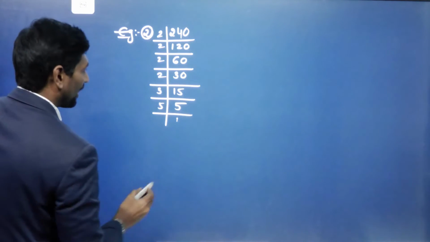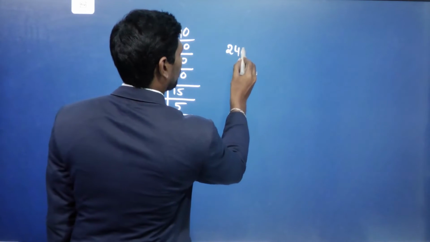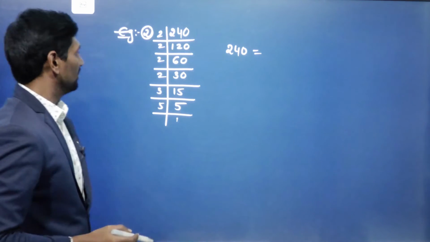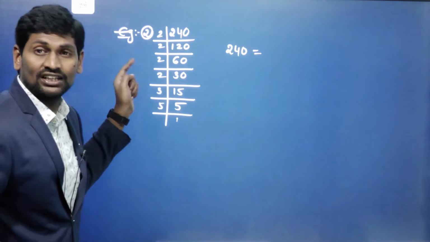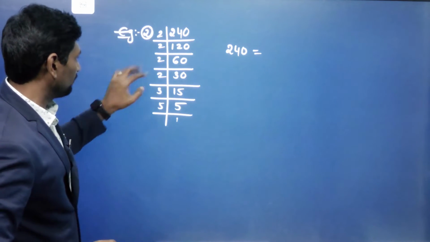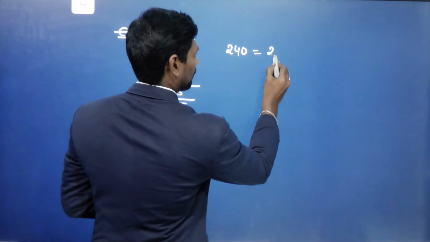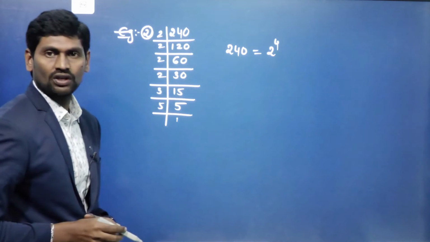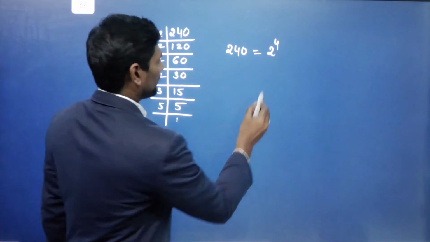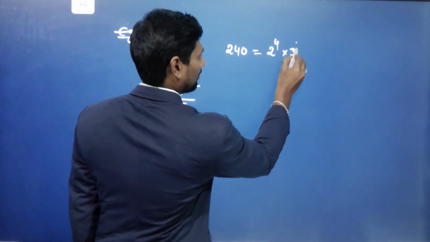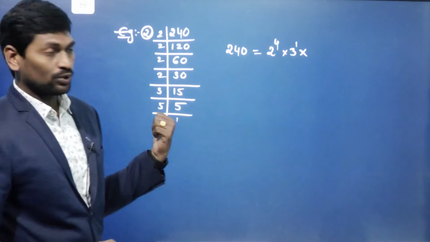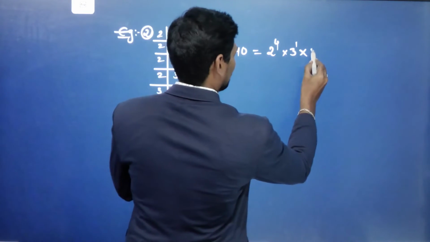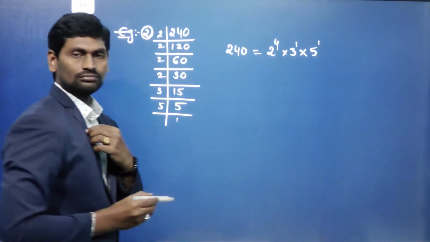That means the prime factorization of 240: how many times is 2 present here? The prime number 2 appears 1, 2, 3, 4, 4 times, so I can write in exponential form 2 power 4. Next, 3 is present only 1 time, it is 3 power 1, and 5 is present 1 time, so 5 power 1.